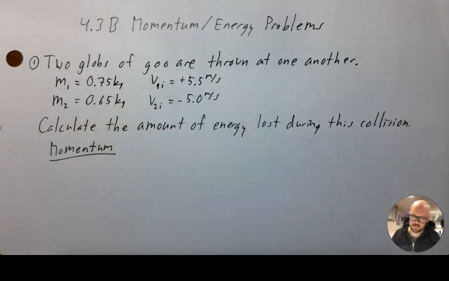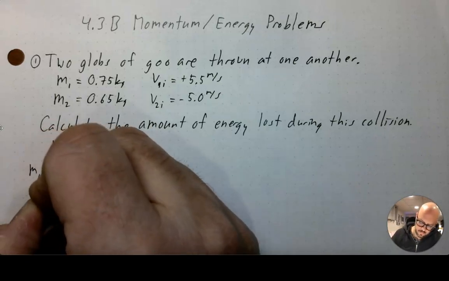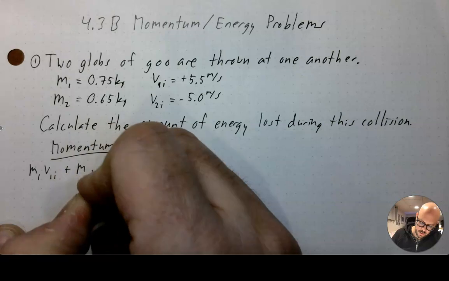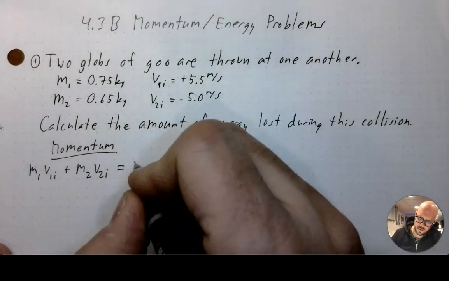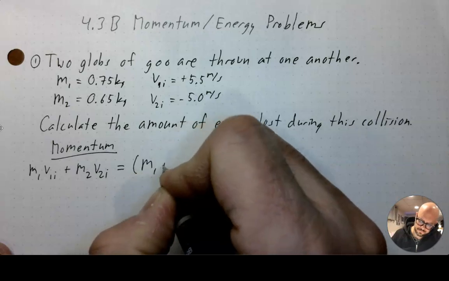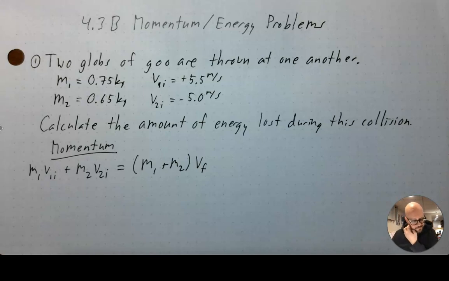The idea is I can use conservation of momentum to figure out the final velocity of the goo globs after they have stuck together. So the two globs of goo each have their own momentum value, and then once they stick together, they behave as one object with a final velocity.